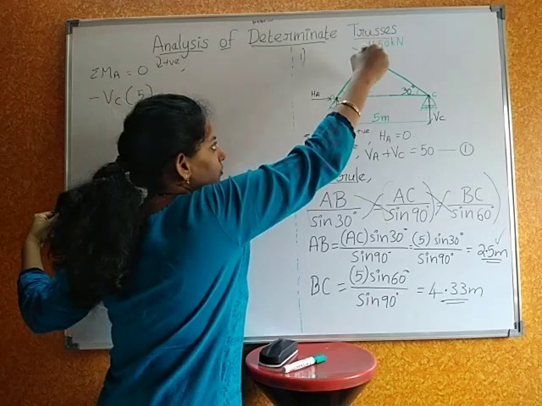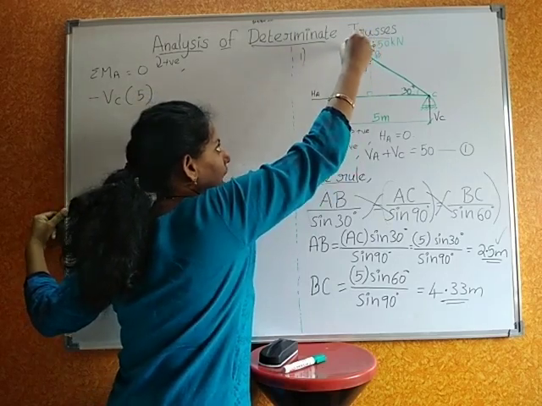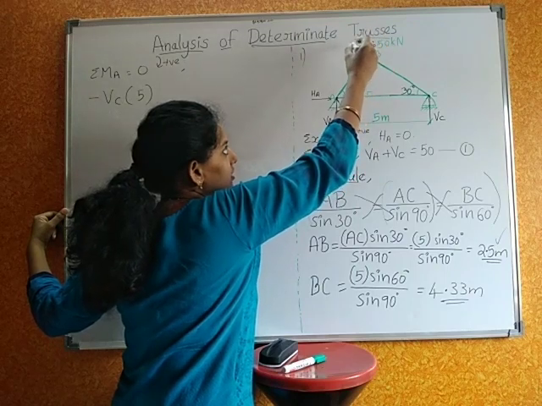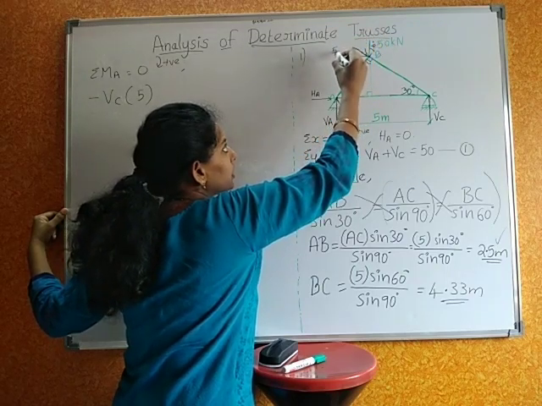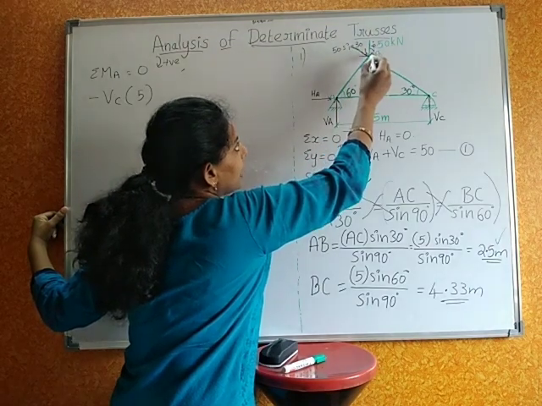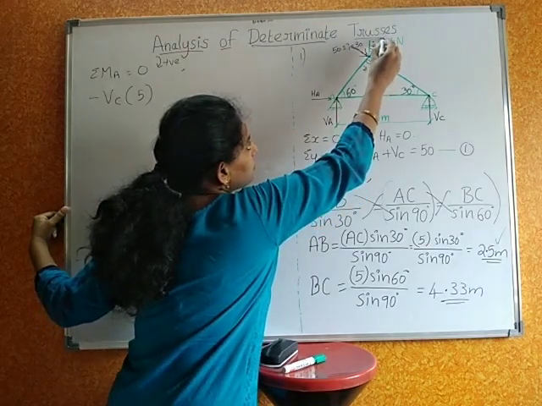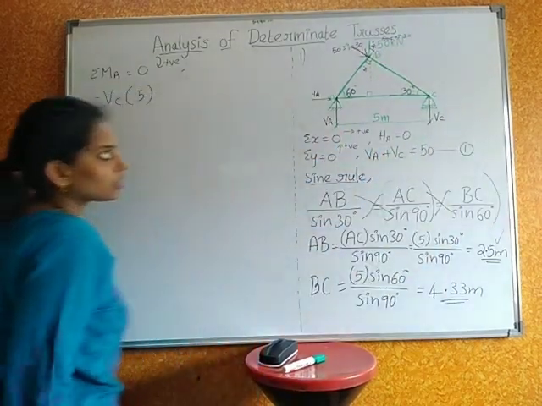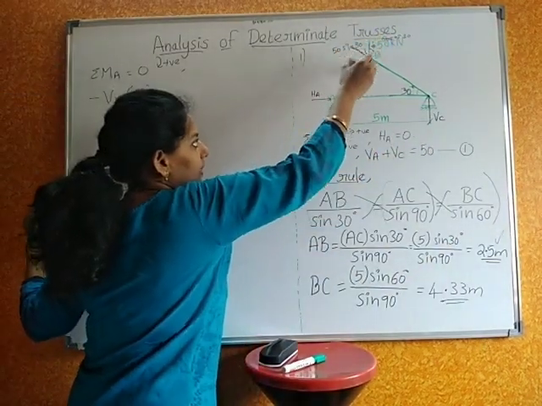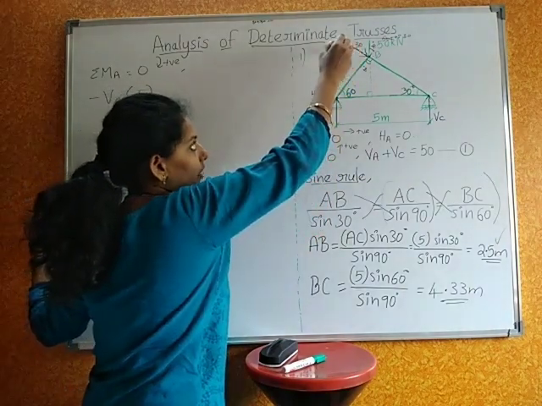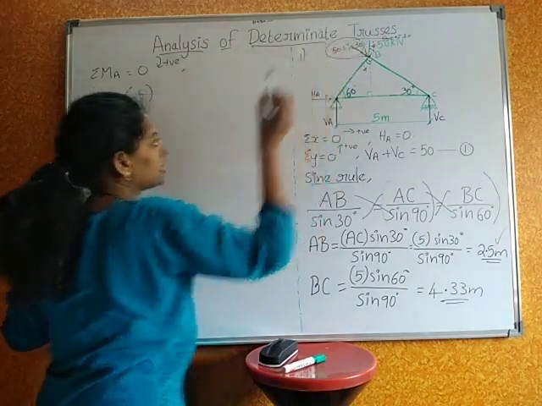Next this force, we have to resolve this. So this will be 50 sine 30 and this will be 50 cos 30. This cos 30 will be acting along the joint A, so we just have to consider this 50 sine 30.